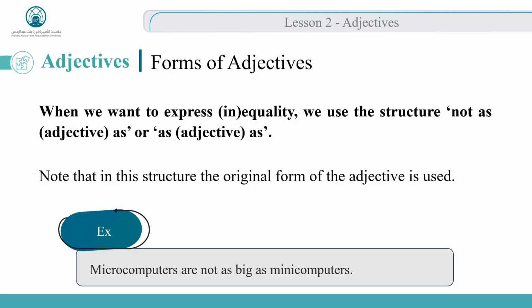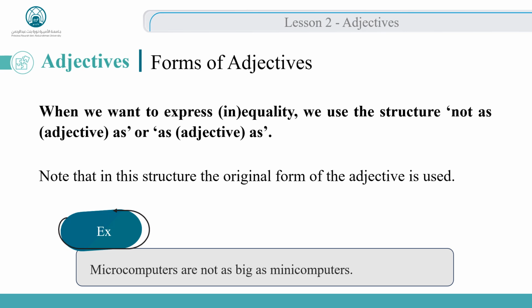When we want to express equality, we use the structure "as, adjective, as." When we want to express inequality, we use the structure "not as, adjective, as." Note here that in this structure, the form of the adjective is the original one, the positive adjective.